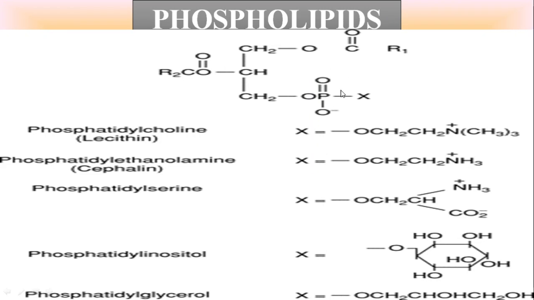A phosphate group is present. And this phosphate group may be attached to a long alkane or alkene or alkyne group. So this X may be any one of these. But this should have a phosphate group. That's why it is called phospholipid.